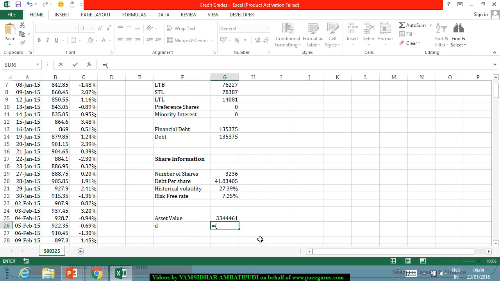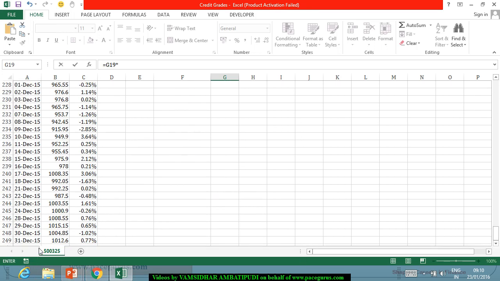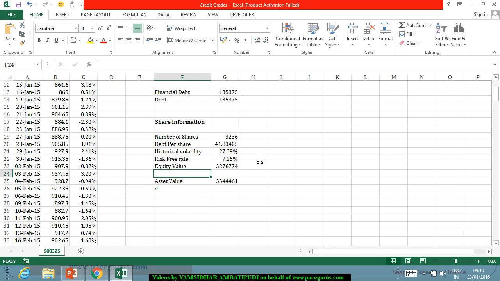Which works out as S or probably E. Sometimes we call this E. E is nothing but the value of equity. So let me have one equity value directly, which is nothing but the number of shares multiplied by the latest share price. So this is giving me the value of equity.